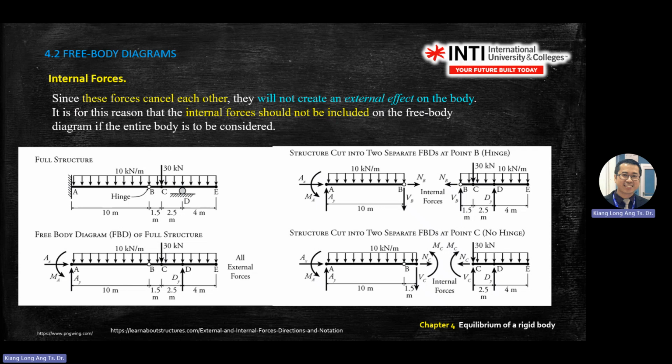Then you need to balance the force at the cutting point. For example, if you cut at point B, there are two forces pulling on each other, and V means shear force. We'll come to this one later. Today we focus on support.